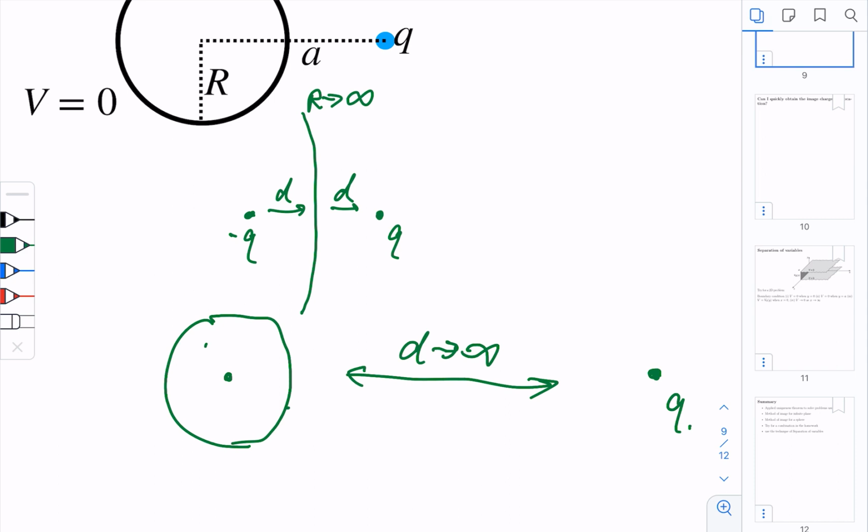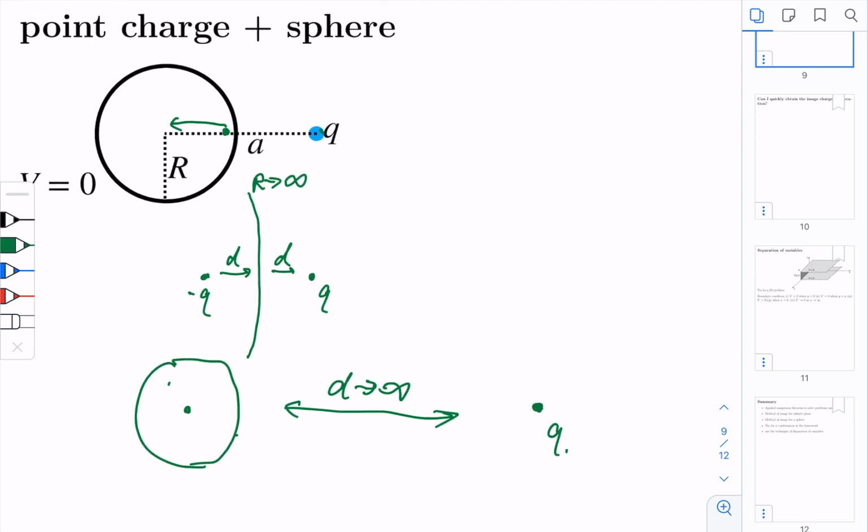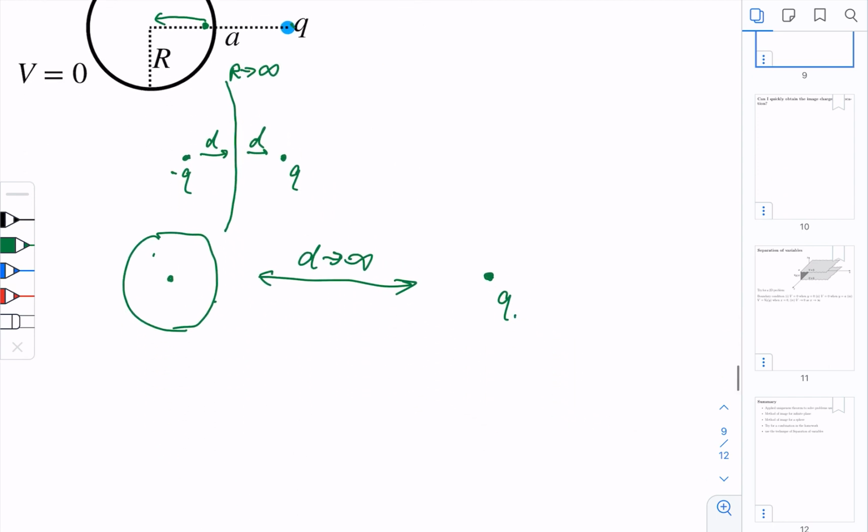So now you get the idea that as you move this Q close to the surface, the point charge should be somewhere around here. And as you move far away from this surface, it will move closer to the origin. That is some intuition that we can get. But exactly where we put this test charge, we need to do some mathematical derivation.